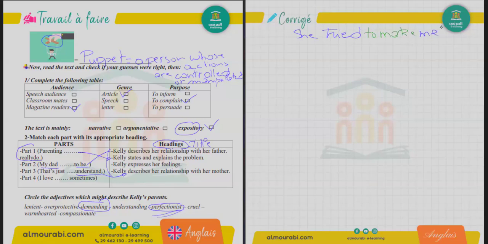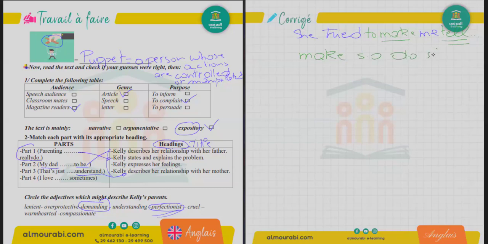Tell her what was wrong. She tried to make me tell her what was wrong. I see. Focus here, we saw want to do something. Watch out with the verb make someone do something: make someone do something, not to do.